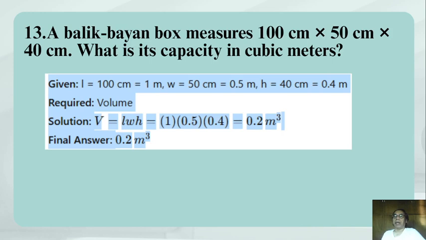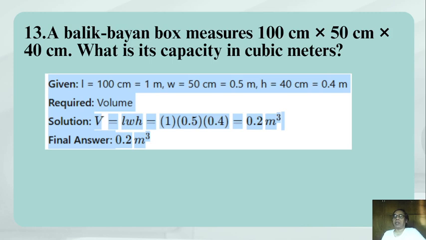And practice problem number 13. A balikbayan box measures 100 centimeters by 50 centimeters by 40 centimeters. What is its capacity in cubic meters? So our length is 100 centimeters and in meters that's 1 meter. Our width is 50 centimeters and that is 0.5 meter.